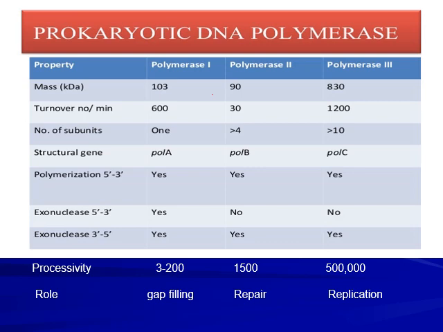Processivity, that is the number of nucleotides it keeps adding till it gets disengaged from the template, is the highest in the case of polymerase 3. Now the role of Pol 1 is gap filling, Pol 2 is for repair, and polymerase 3 is for replication.